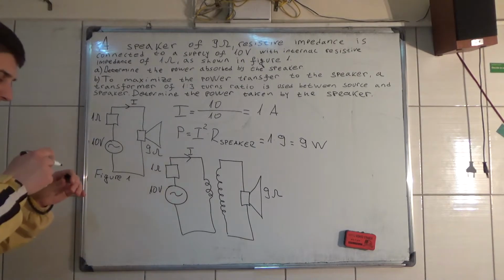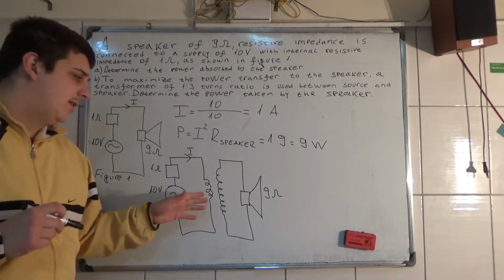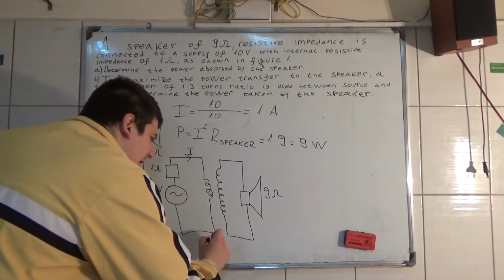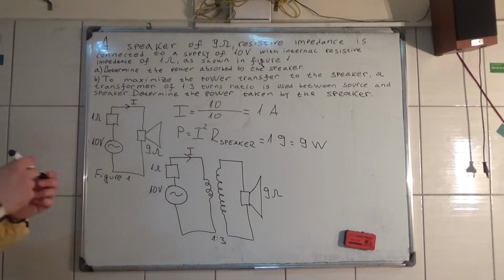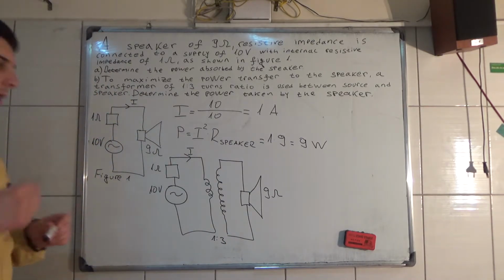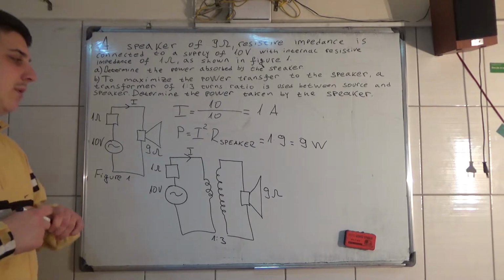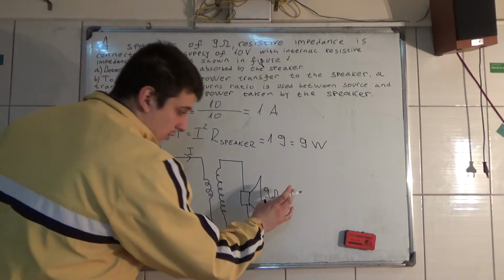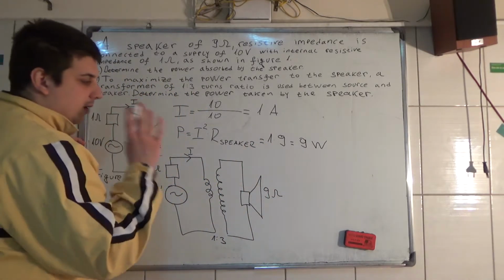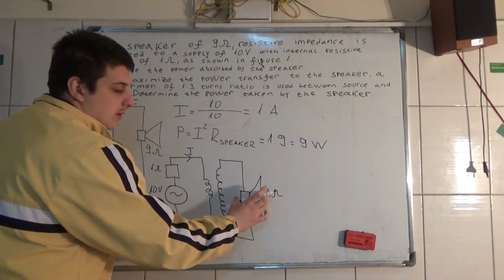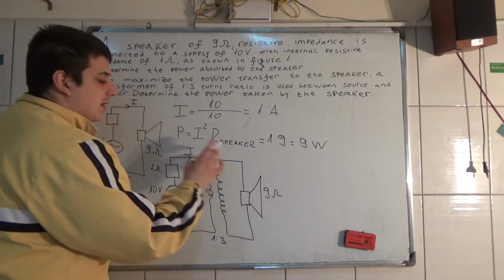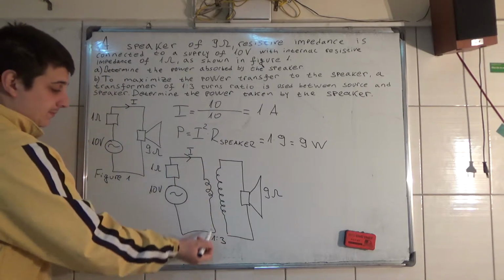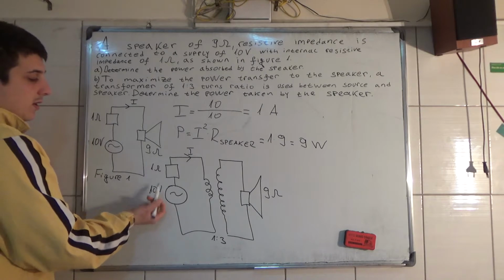Now, here we have a turns ratio of 1 divided by 3. So in my previous video, I showed you what is the impedance transfer, where we want to transfer the load on the secondary to the primary with the same measurements.